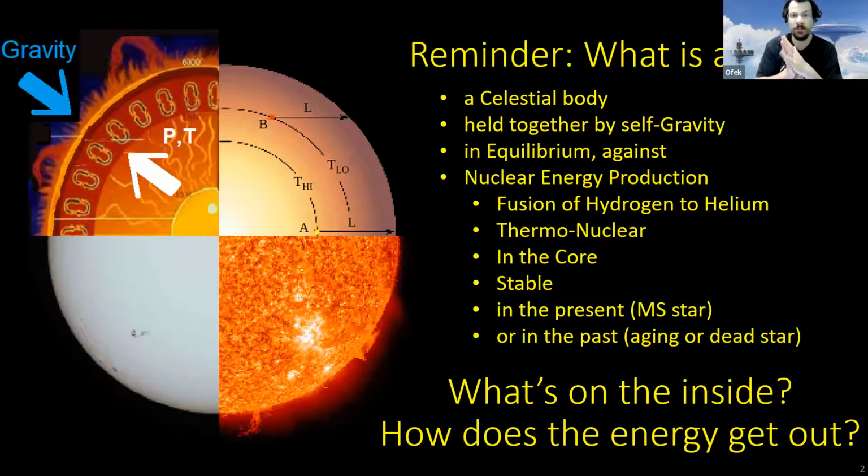When there's equilibrium, the star can maintain a static or hydrostatic shape, and this can go on for a very, very long time. As we said, billions of years on the main sequence, with this very specific balance between energy production in the core, coming from nuclear fusion of hydrogen into deuterium and later helium, as in all the processes that we discussed last week.